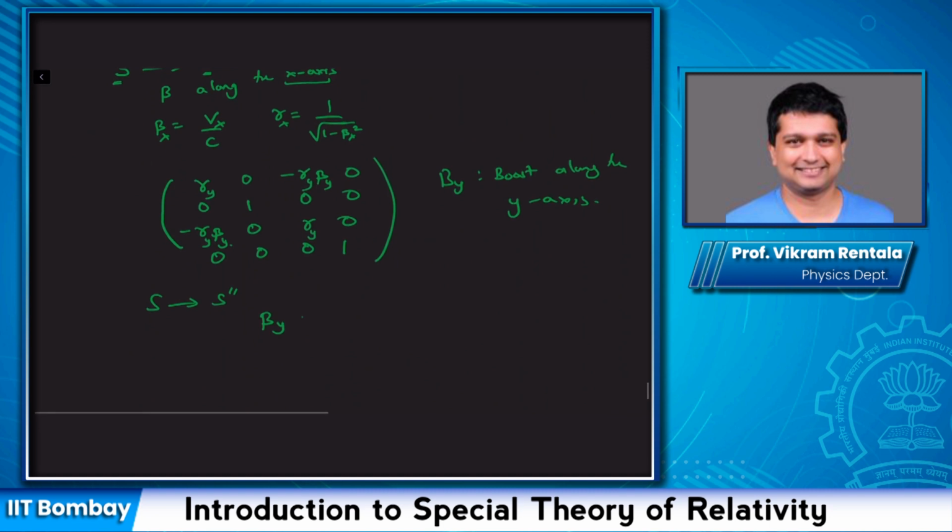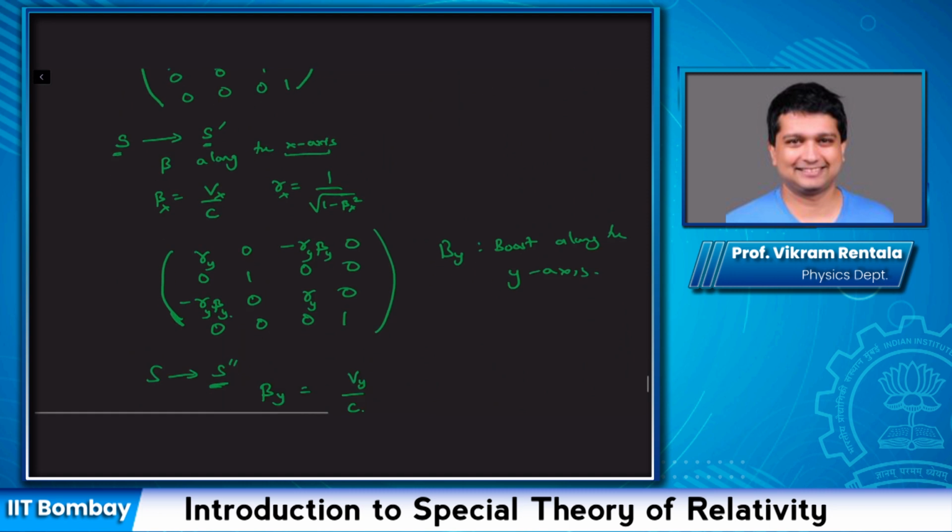So beta y is Vy by c, where S double prime is moving with respect to S at a speed Vy, and gamma y is 1 over the square root of 1 minus beta y squared. So this is an obvious additional transformation, which is you can go to a frame which is moving with a speed v along some other direction, like the y-axis.